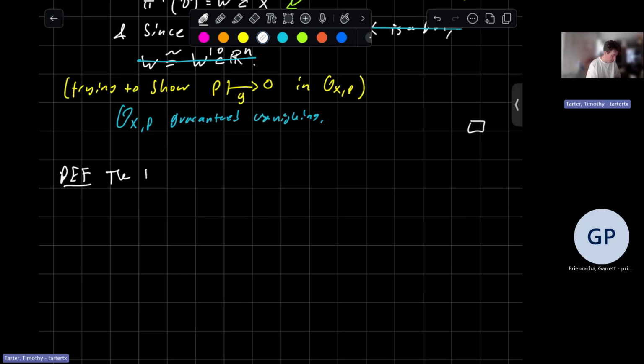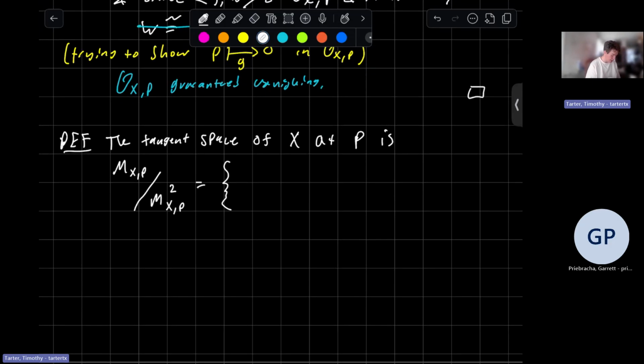So the tangent space of a topological space, and really a structure sheaf of X, at P is the maximal ideal of O_{X,P} mod the maximal ideal squared.